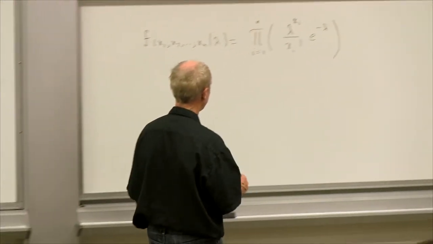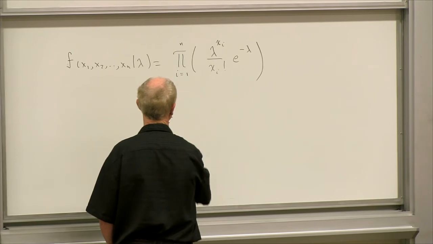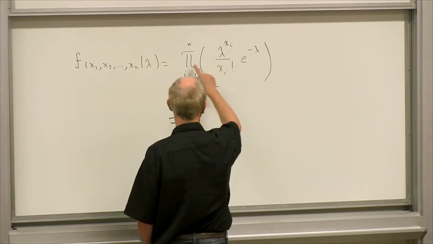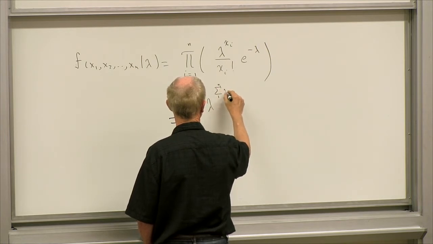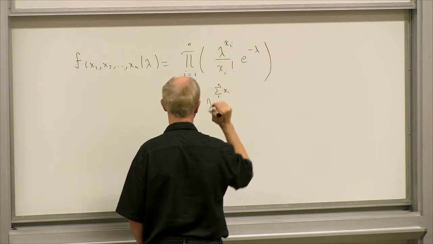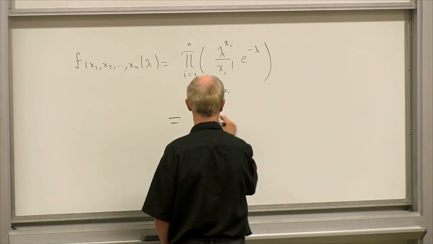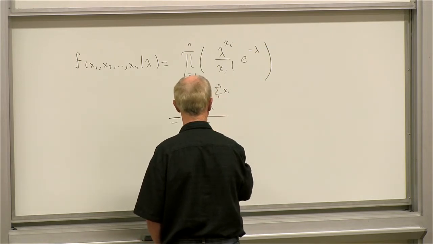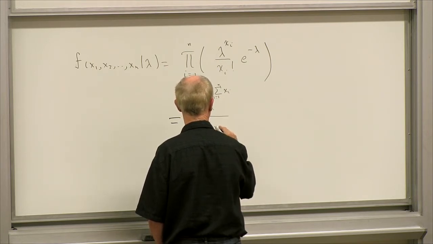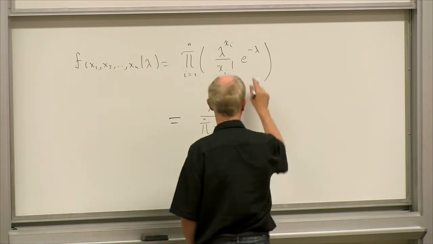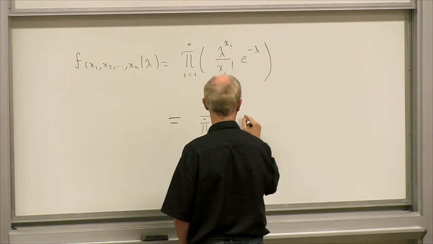Okay, let's rewrite this a little bit. Think about the product of these things. That would be lambda to the sum of the little xi's. And then down here we have the product of the xi factorials. And we have this thing multiplied by itself n times.